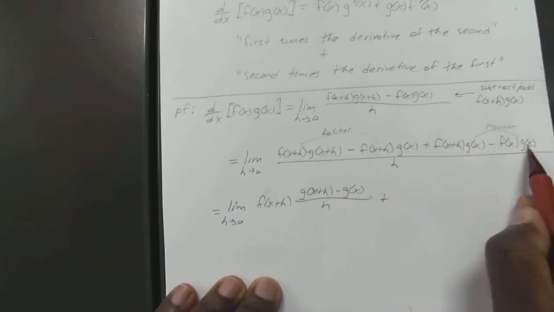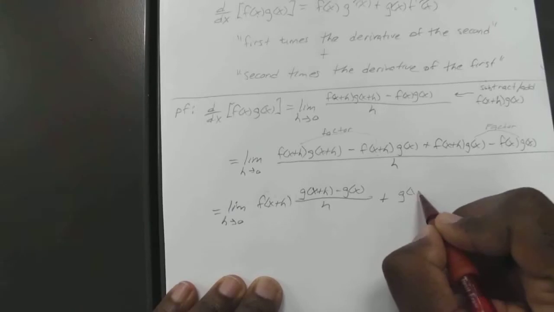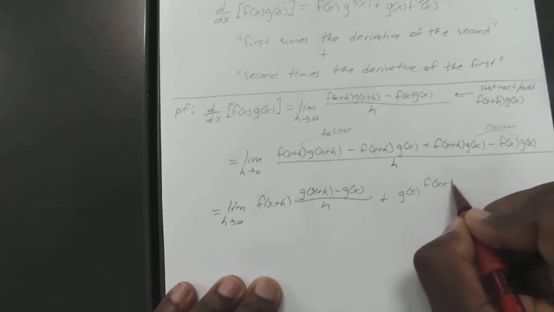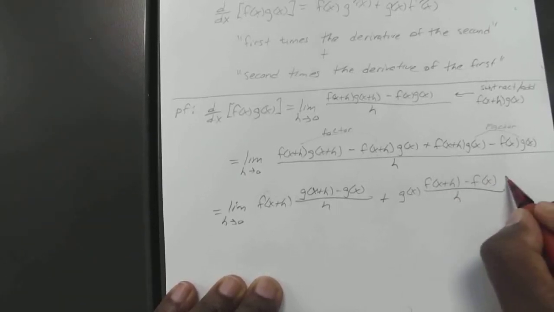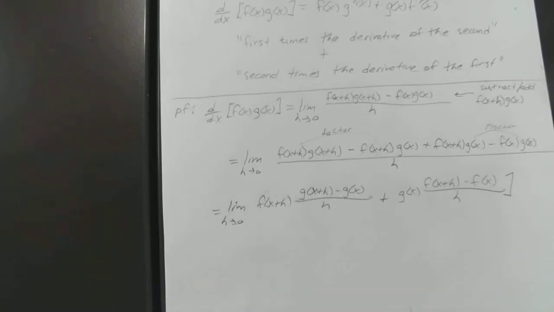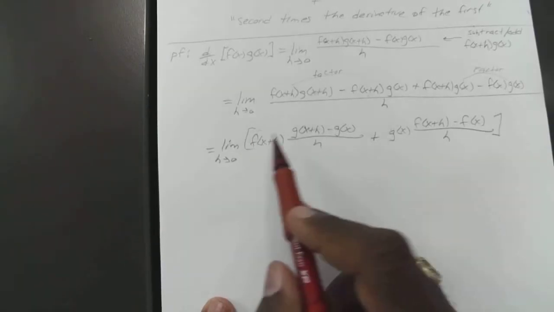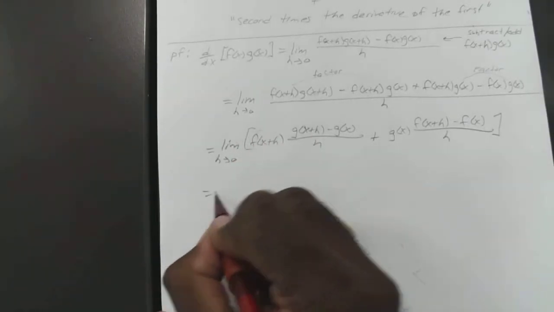Plus, if we factor out the g of x, bring that down a little bit more. Then we're left with f of x plus h minus f of x all over h. Okay, so since these two are multiplied, we can apply the limit to those two.